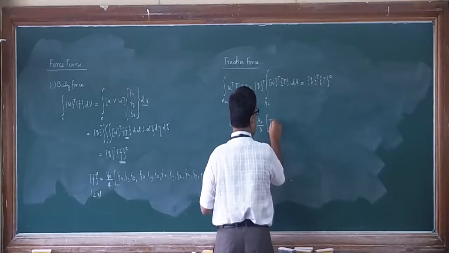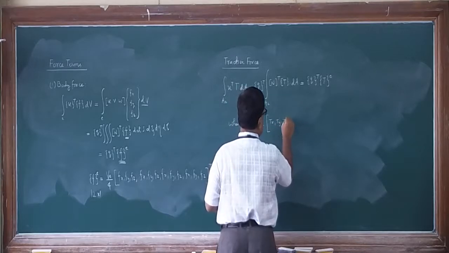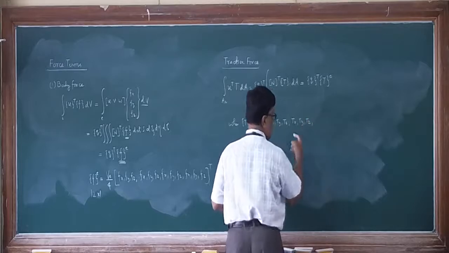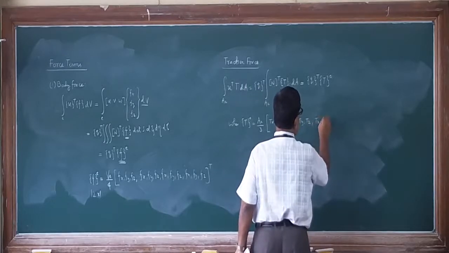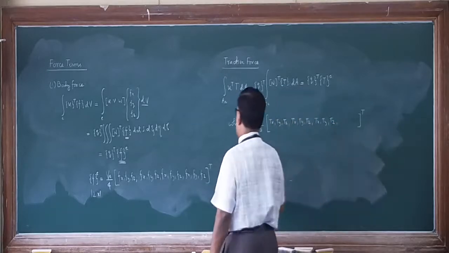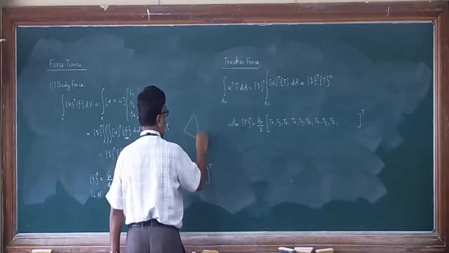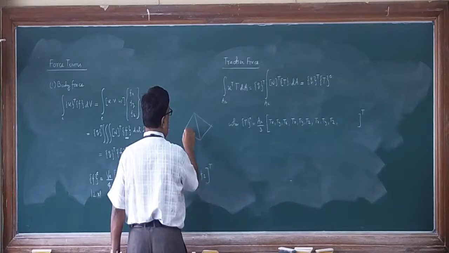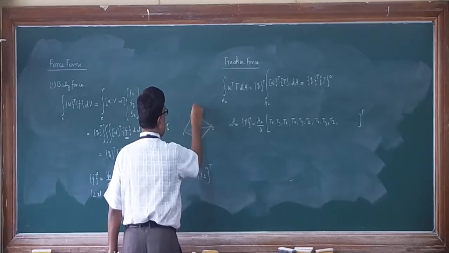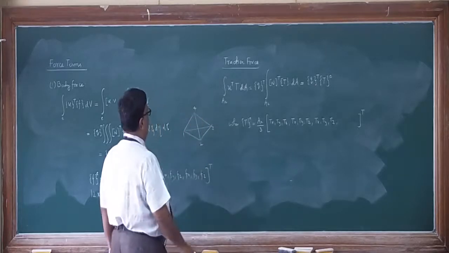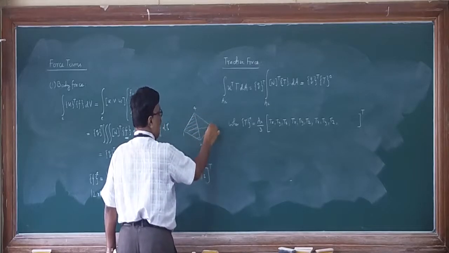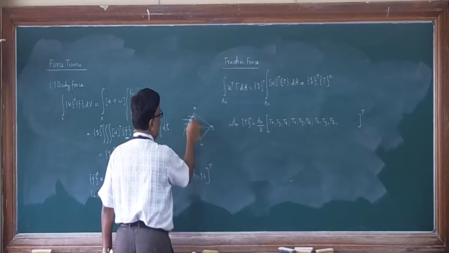Very interesting thing is here, Tx, Ty, Tz will come, Tx, Ty, Tz at the second node, Tx, Ty, Tz. So can you tell me what will come here? Because when you look at the load distribution on a particular figure, let us say 1, 2, 3, 4, if you consider only one of the faces, for example here, the traction is taking place on this face.